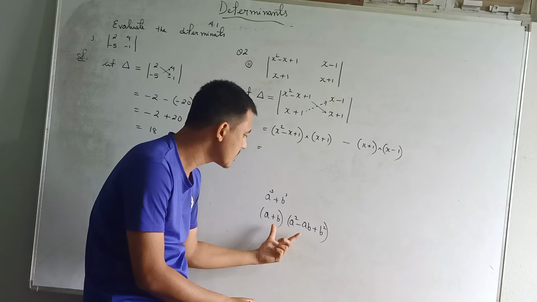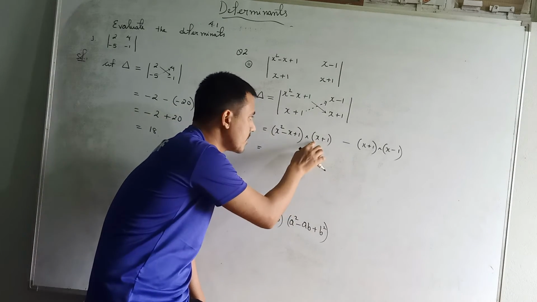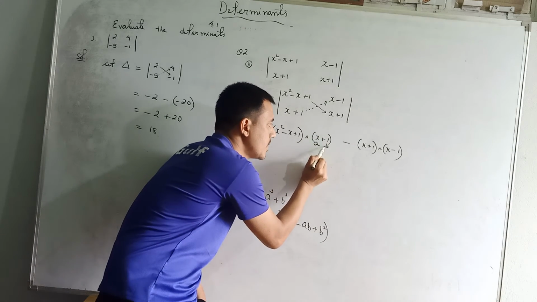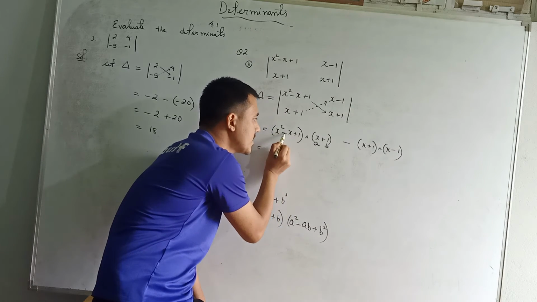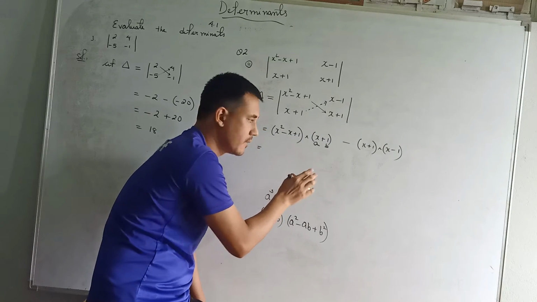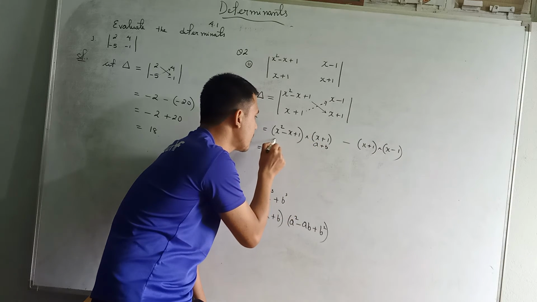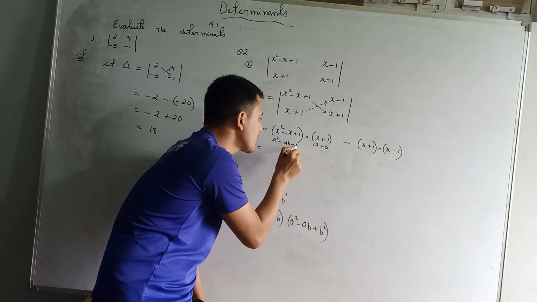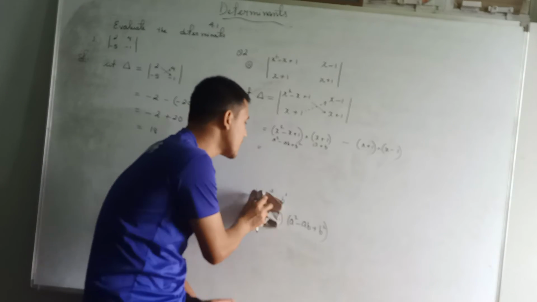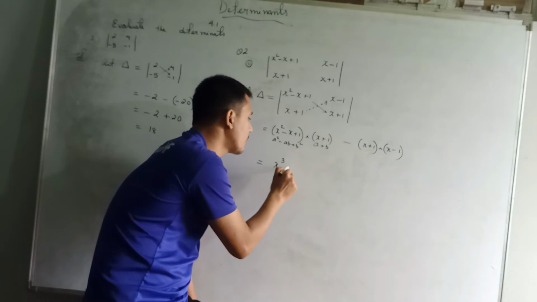This is your a plus b, and this is your a square minus ab, x into 1 is x, plus b square, 1 square is 1, right? So a plus b times a square minus ab plus b square is a cube plus b cube.